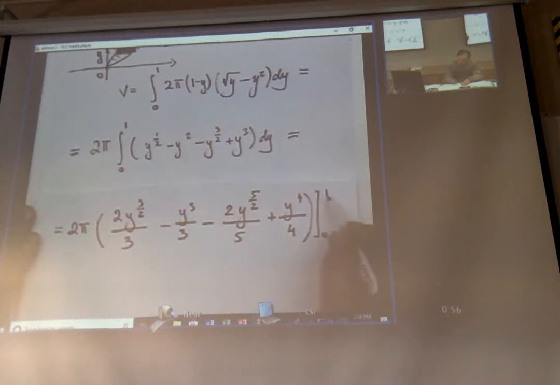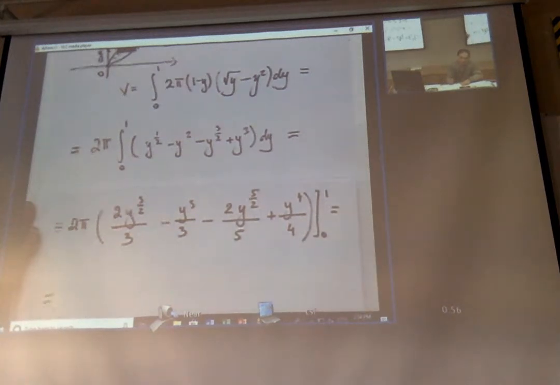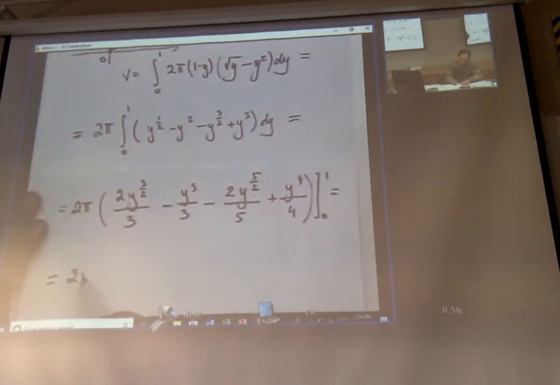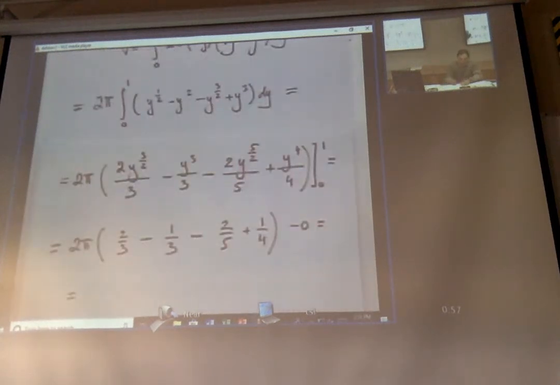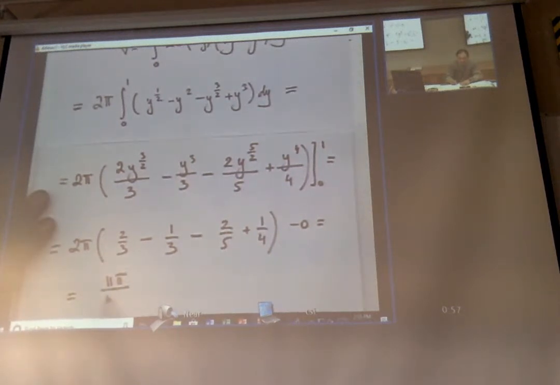I felt like I already substituted, but I didn't. So 2 pi, we're substituting 2 over 3 minus 1 over 3 minus 2 over 5 plus 1 over 4. Putting 0 gives us 0. And the answer is the same as before, 11 pi over 3.